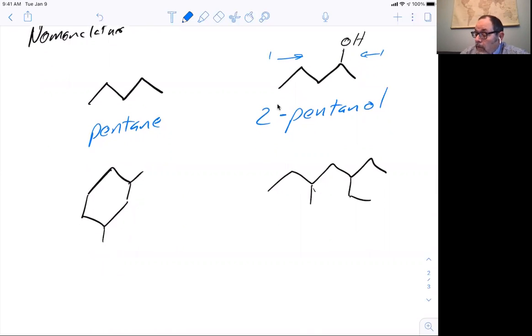Here we have cyclohexane. We've got 2 methyls on there, dimethyl, so we have 1,3-dimethylcyclohexane.